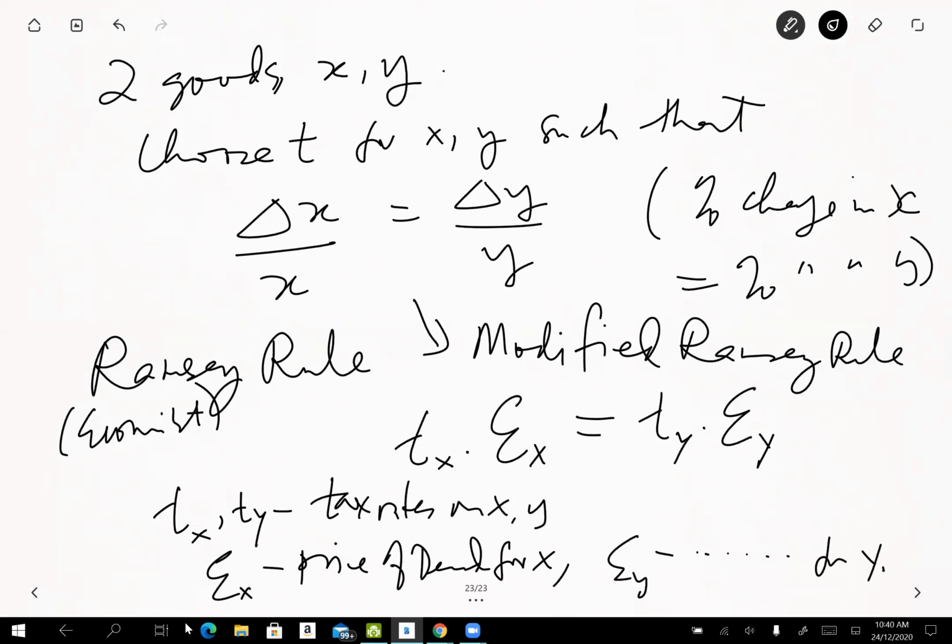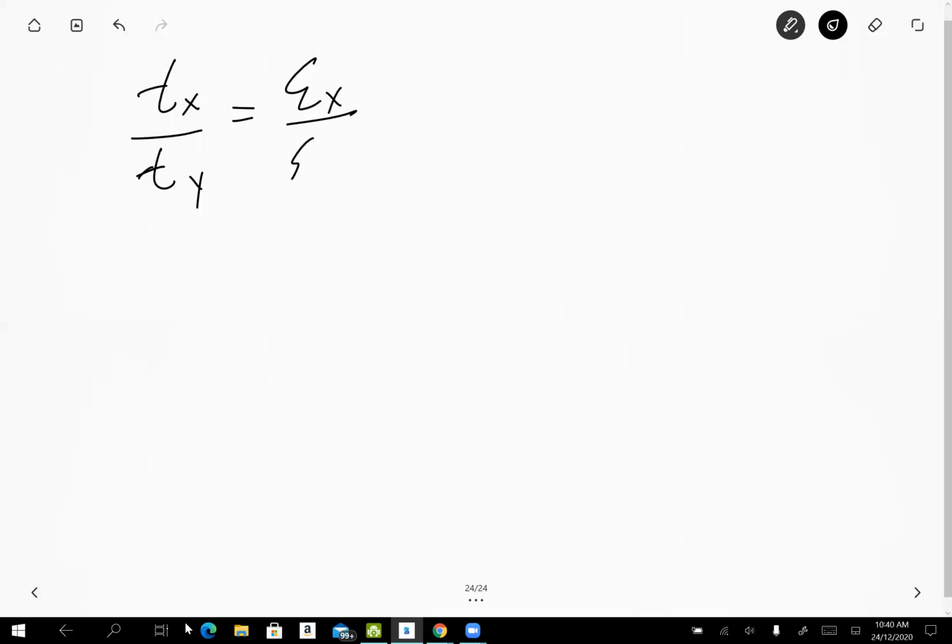And to make more sense, you just bring similar terms to one side. So what we will do here is we bring the T to the left, so you got Tx over Ty equal to Ex over Ey. So I think by looking at that, that can make more sense.